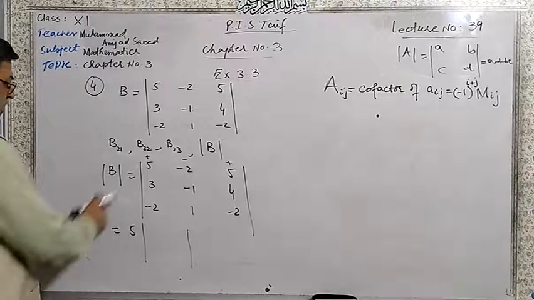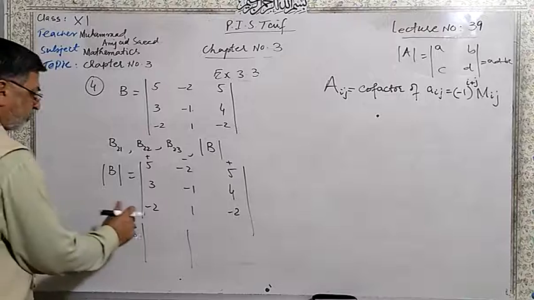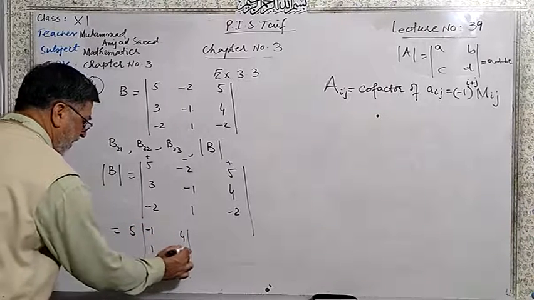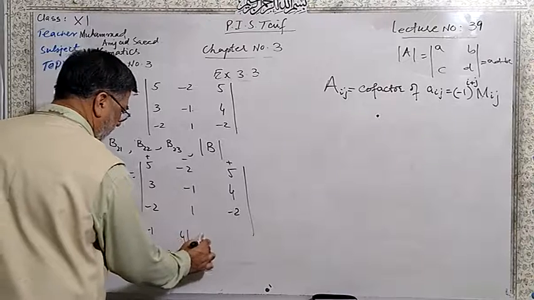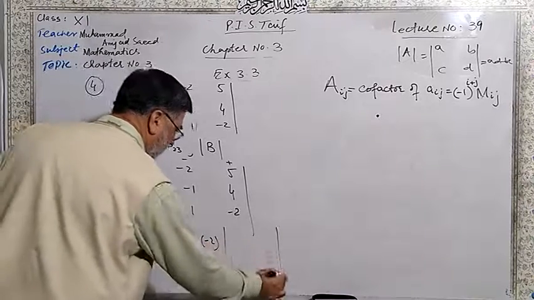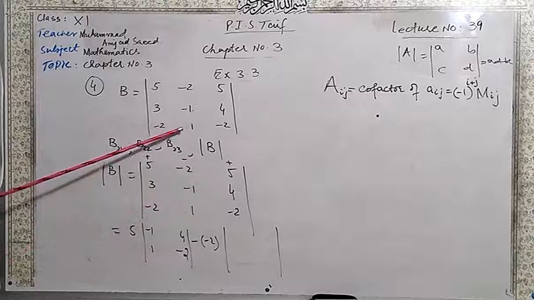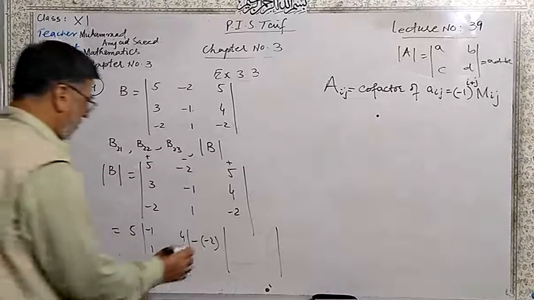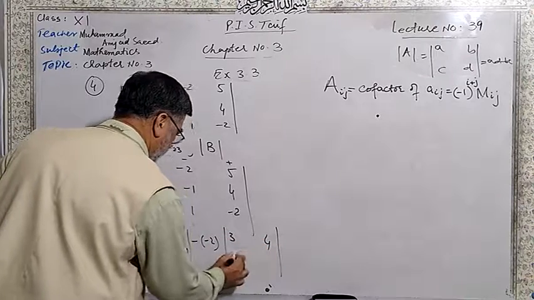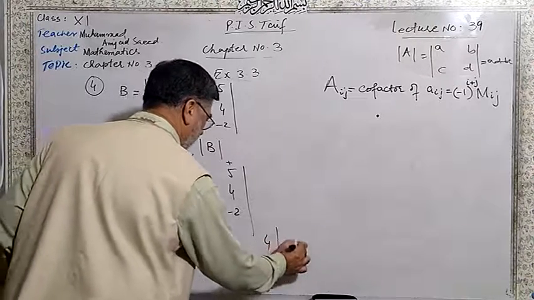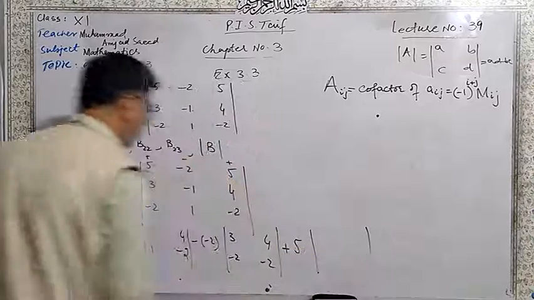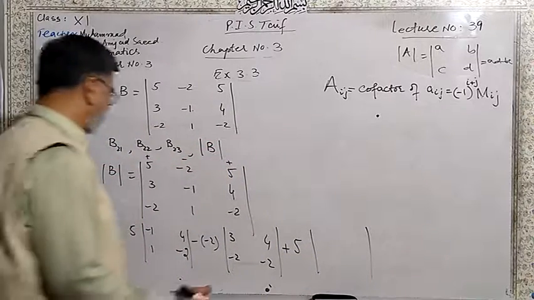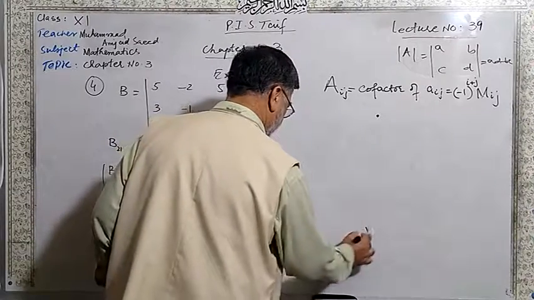Minor of 5. Minus 1, 4, 1 and minus 2. Then minus into minus 2. Remove this column of minus 2 and row of minus 2. 3, 4, minus 2, minus 2. Plus 5. Remove column of 5 and row of 5. 3 minus 1, minus 2, 1.